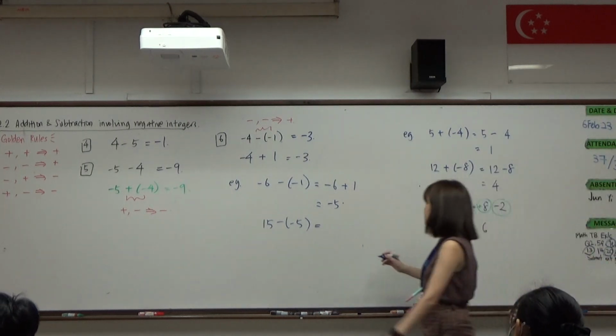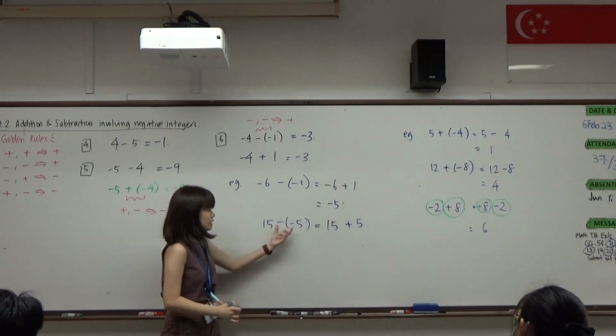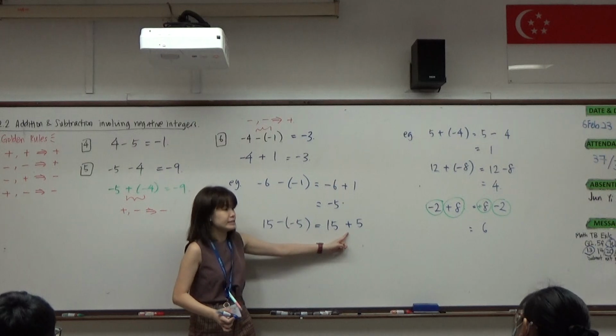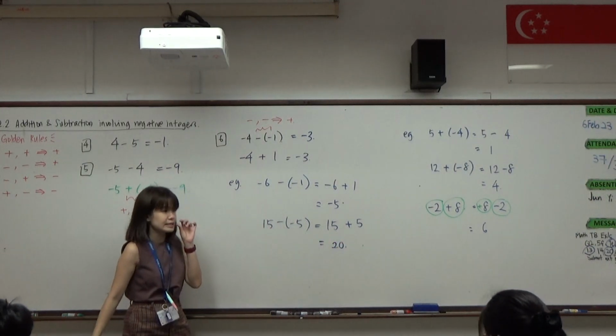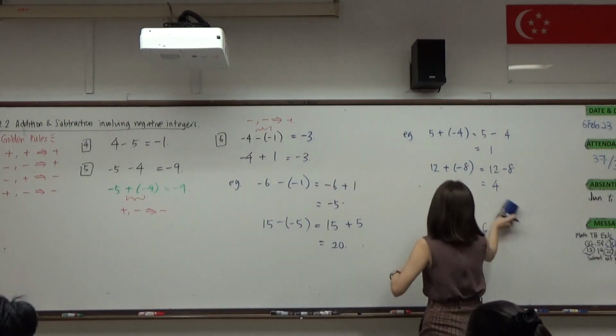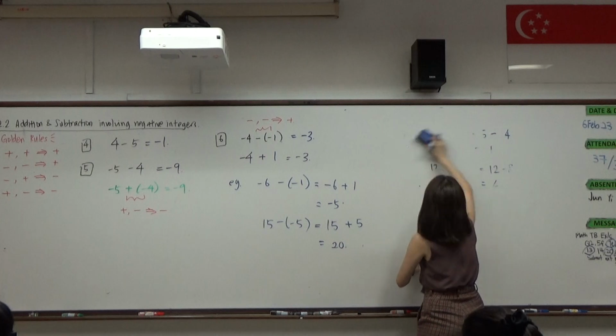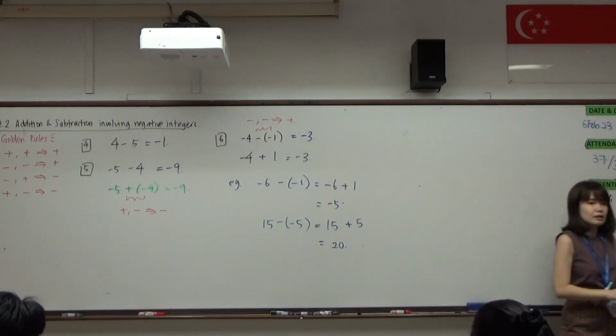So I will have 15 plus 5. Minus minus becomes plus. So therefore I will have 20 as my answer. You understand?